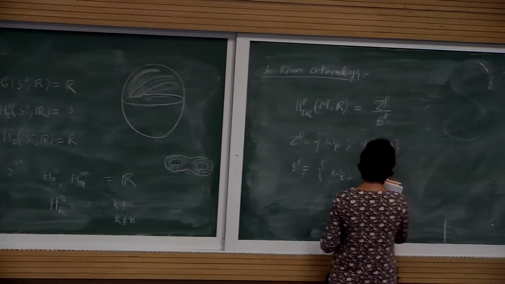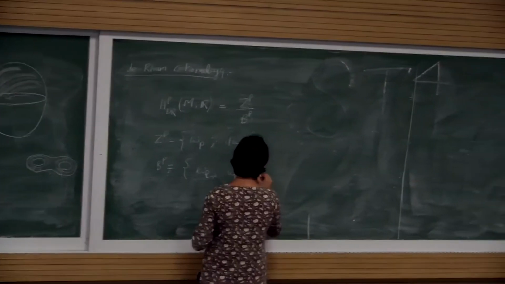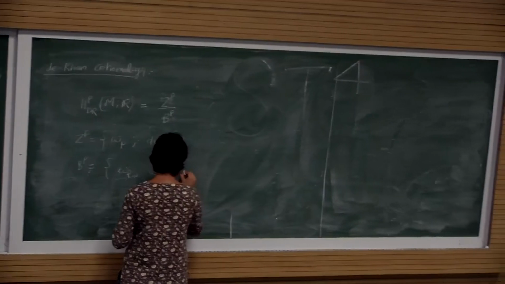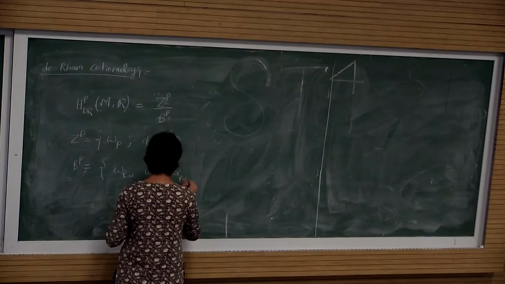So you can write it as d of some lower form, let's say alpha P minus 1.